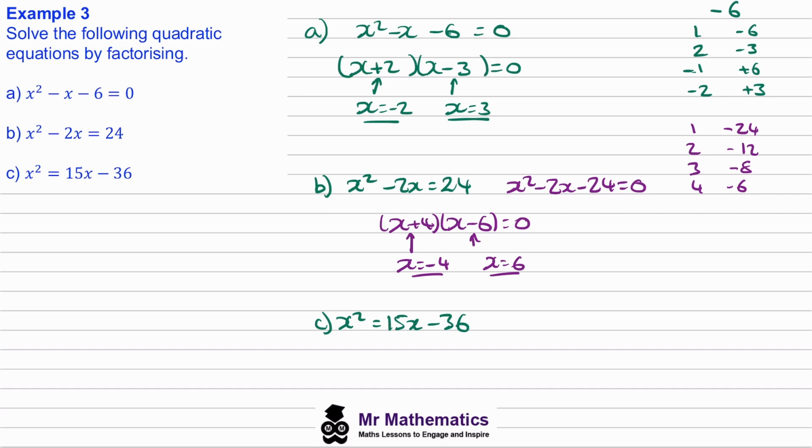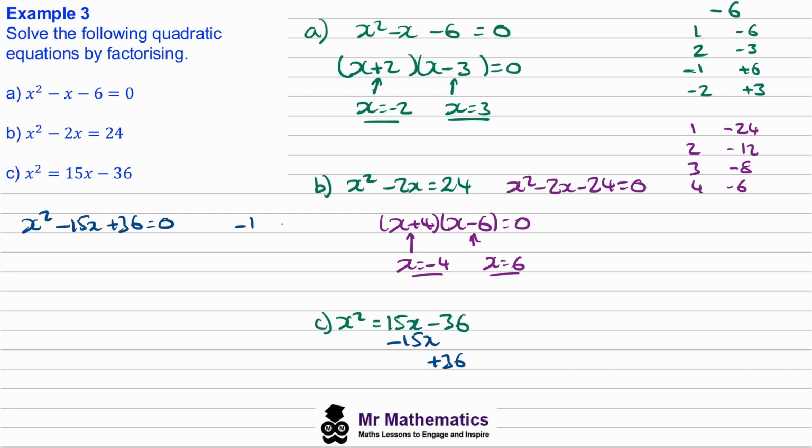And then for question C, we need to make it equal 0. So we'll have x squared, we'll take away 15x from both, and then we need to add the 36 to both. And then we need the factors of 36. But because they have to add to make a negative, we're looking at the negative factors of 36.